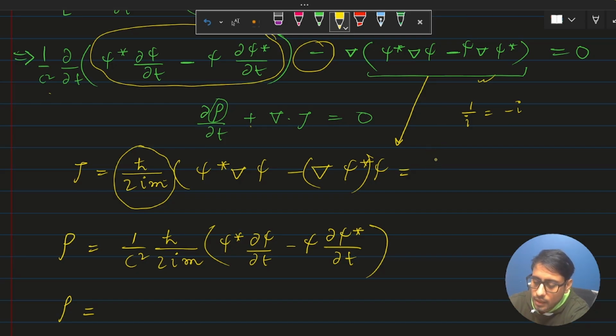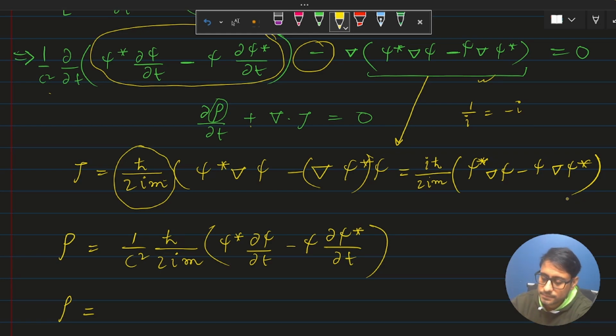So this will be i h bar over 2im, but we wanted to write it like that. You can write it in any manner: psi star del psi minus psi del psi star. This is the j.